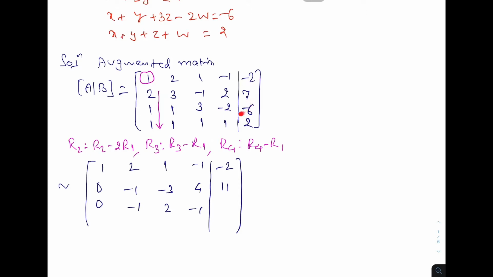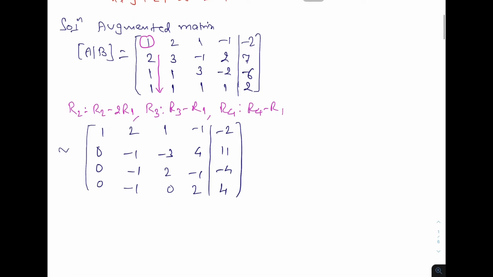Then minus 6 plus 2, so that is minus 4. In the same way R4 minus R1, so 1 minus 1 is 0, 1 minus 2 is minus 1, then 1 plus 1 is 2, and 2 plus 2 is nothing but 4.